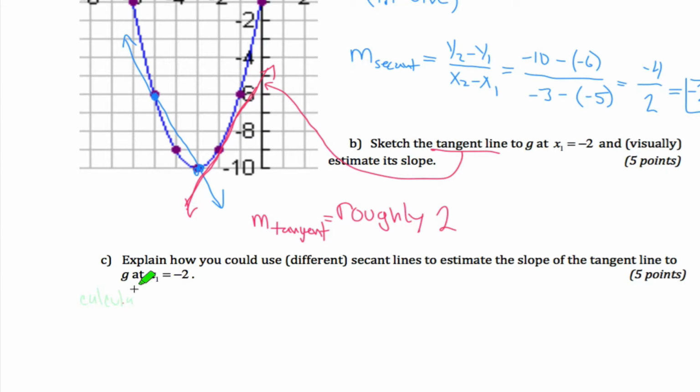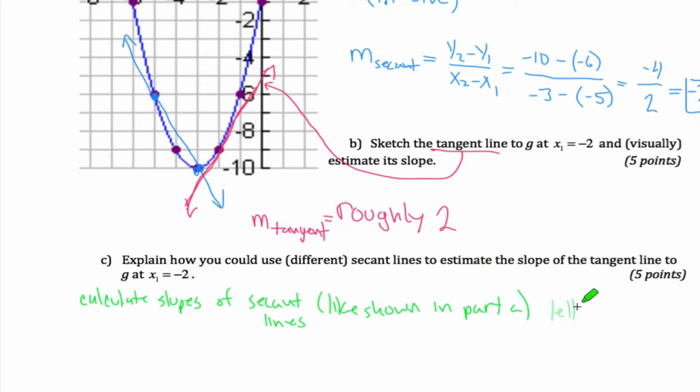Calculate slopes of secant lines like as shown in part A. Calculate the slopes of the secant lines because we know how to do that, letting x2 get close to x1, which is equal to -2.